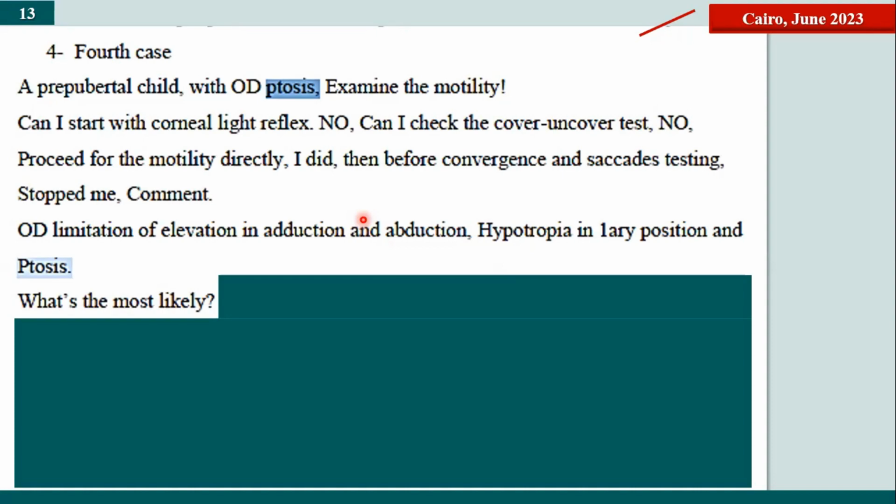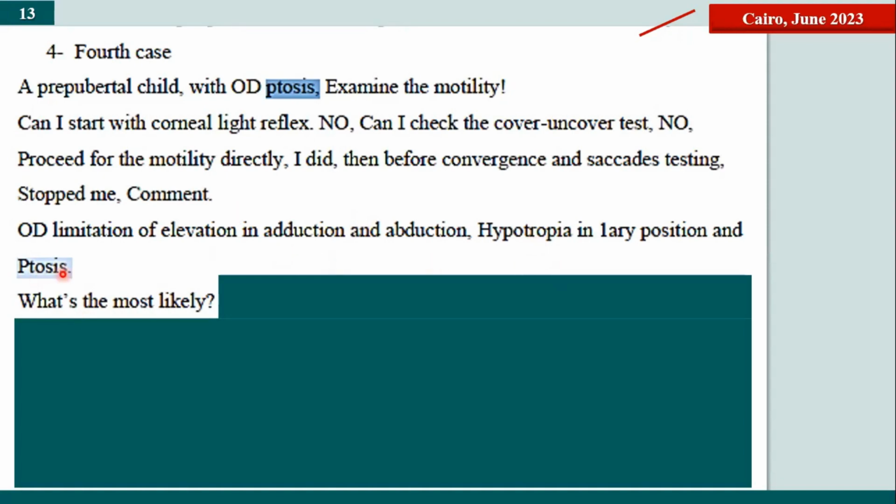So you are holding the pen torch at the primary position, quickly do the Hirschberg test without asking for any permission. The examiner already gave you the permission to check motility. You start at the primary position, comment on the corneal reflection, notice any decentration or misalignment, and then check motility. But I guess it was a significant hypotropia, and we have limitation of motility.